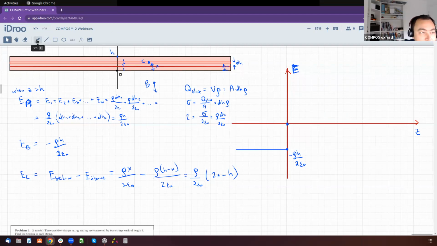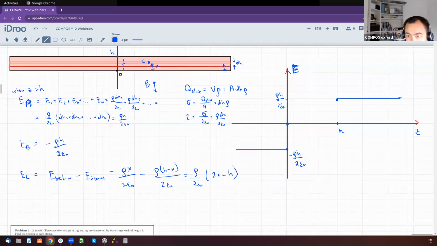Now we know that when you are H above, the field is going to be this much, which is rho H divided by 2 epsilon naught, and it's going to be constant because it does not change with distance from the slab.